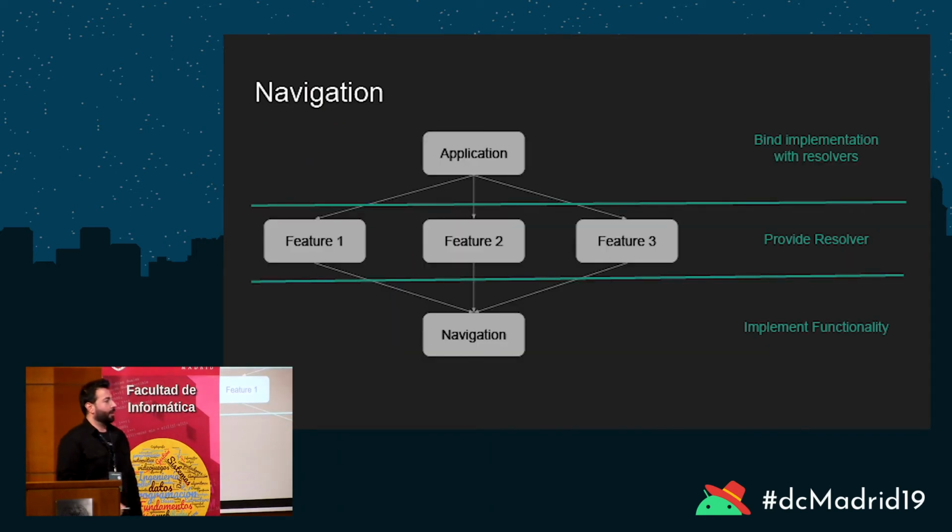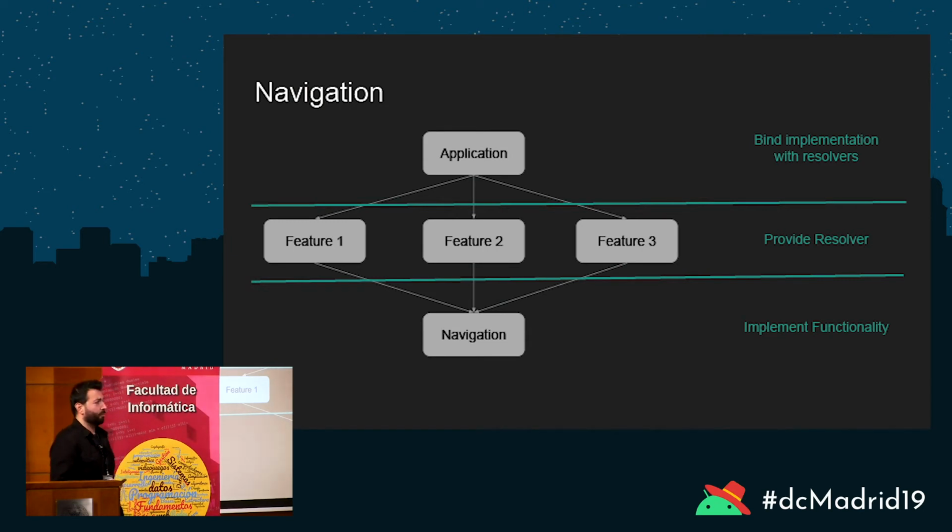How would it look in our diagram? As I mentioned, you would have the navigation in the core layer. The whole implementation I just showed would be here. Then you would have all your features providing different resolvers. So feature 1 would know how to handle its own deep link, and feature 2 its own, feature 3 its own.